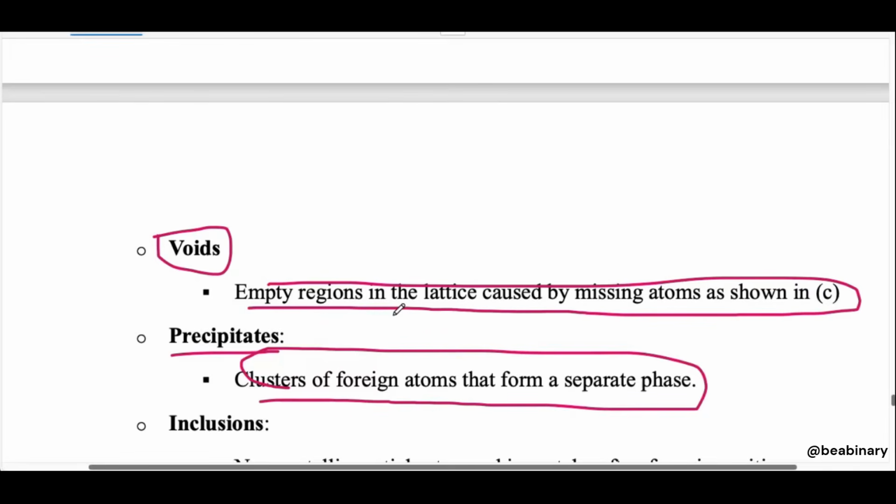The volume is occupied by the air. Air is a kind of gas, so gas has trapped inside your solid structures, and that will lose your strength. That is the reason the casting method is a cheaper method, but you get less or compromised properties from your casting method.